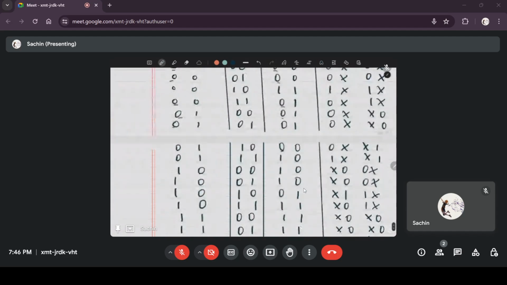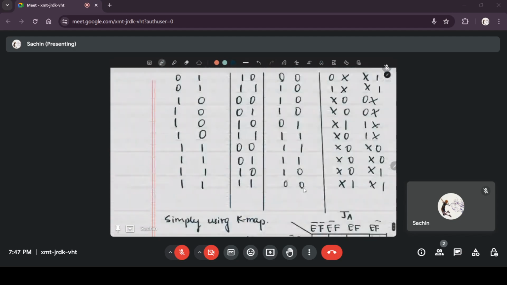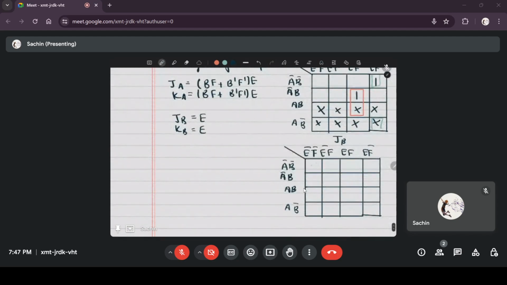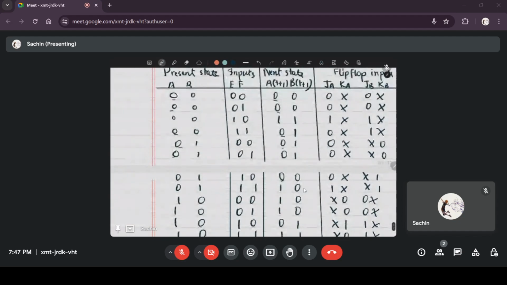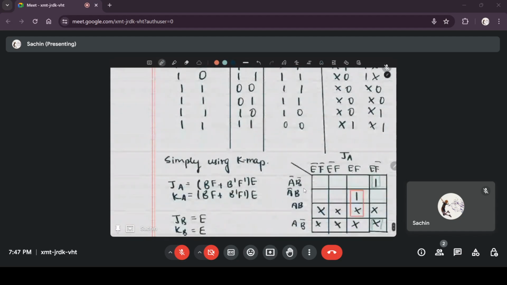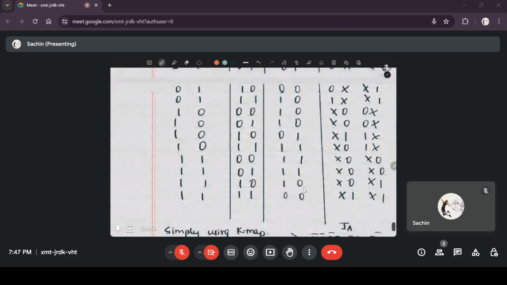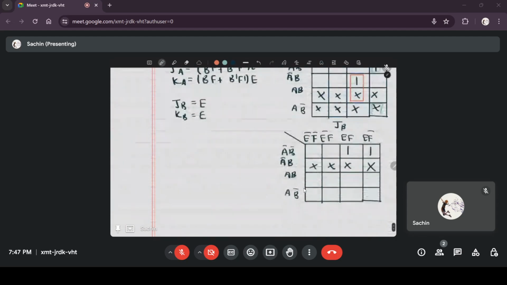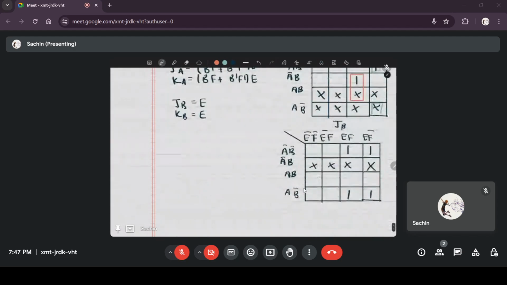For JB you have 0 0 1 1, so 1 1 there, then x's, then 0 0 1 1 again, which is 1 1 here, and 4 x's.